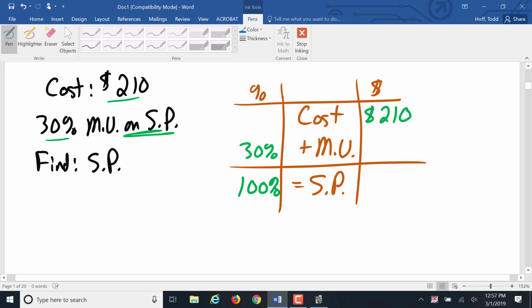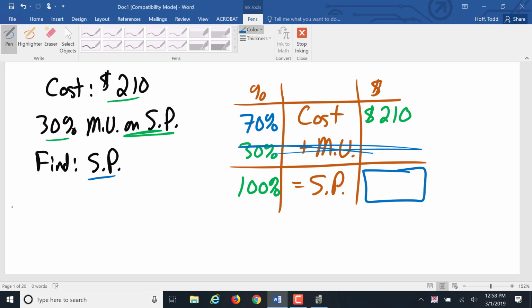So that means, again, we can work backwards to subtract: 100 minus 30 tells us the cost has to be 70%. Again, it always has to be true that cost plus markup has to equal selling price. So 70 plus 30 is 100. We're asked to find the dollar amount of the selling price. That's that over there. So that means it's this middle row that we don't need.